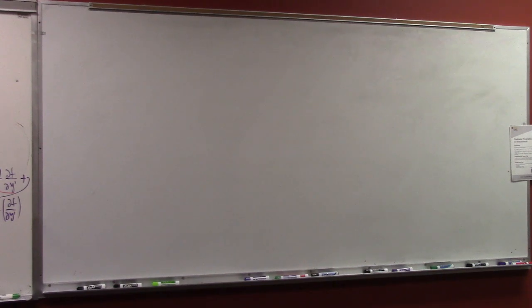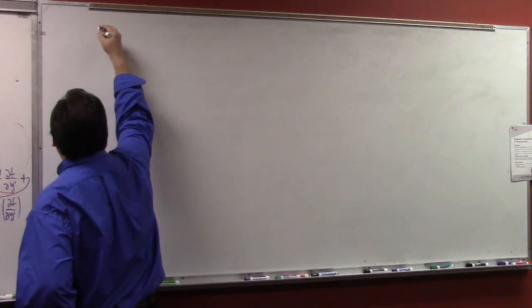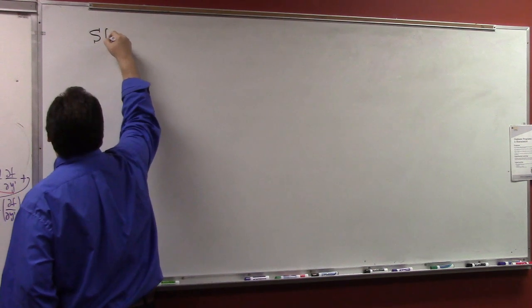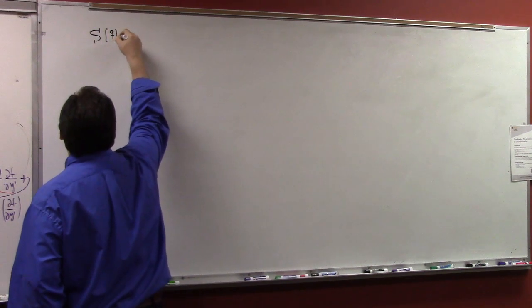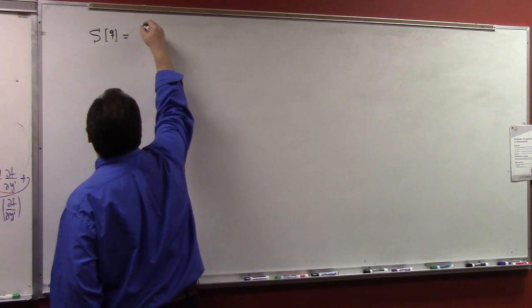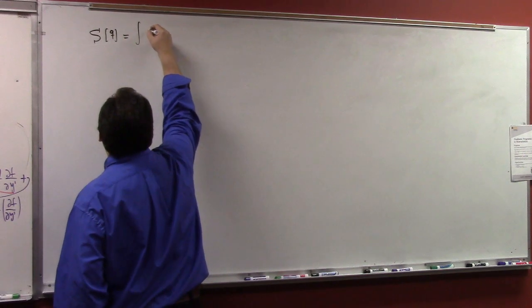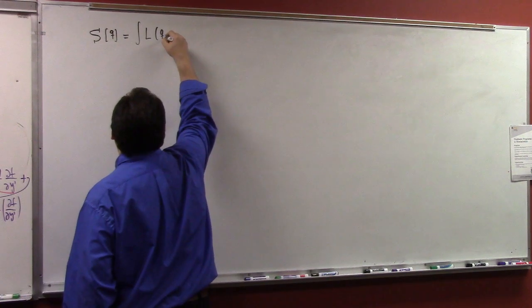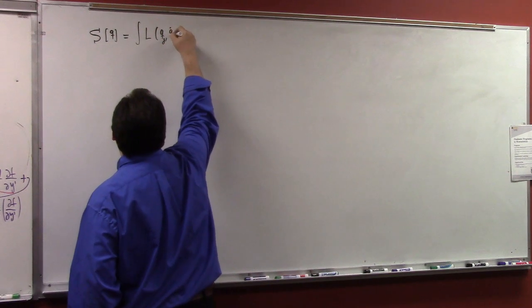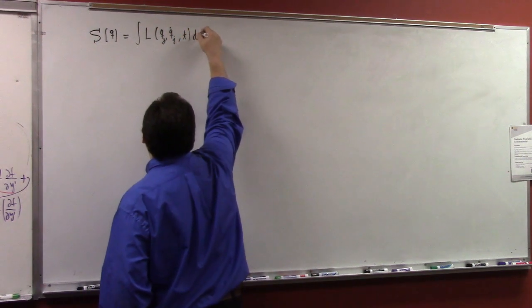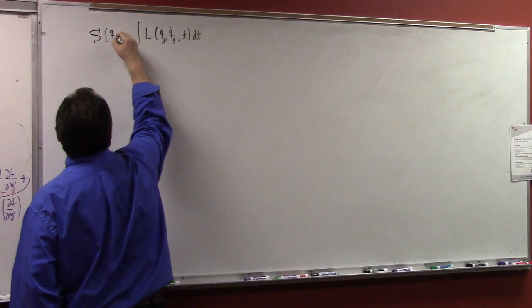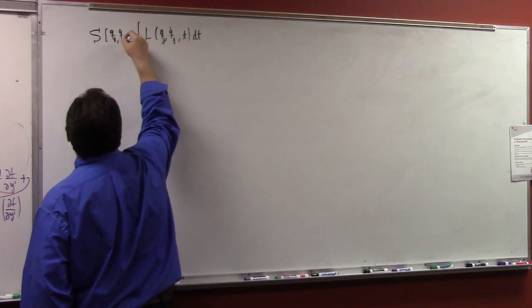On the one hand, and this is not how we did it in my mechanics class, okay? When we talked about variation in physics, we did something like this. We said, okay, S of Q, and maybe Q dot, is the integral of the Lagrangian of Q_j and Q_j dot, and possibly t, dt.